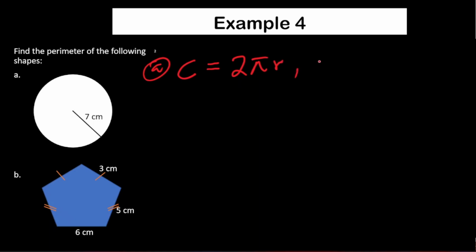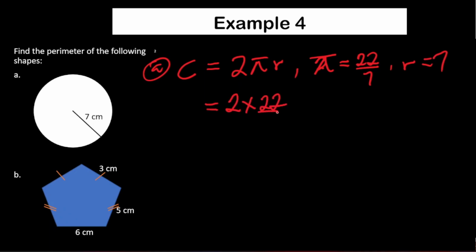For pi, you can make use of 22 over 7 if you are not given anything, but if it's given as 3.142 or 3.14, use whichever one, and the r here is given as 7. So let's now put in the value here. This is going to be 2 times 22 over 7 times 7.